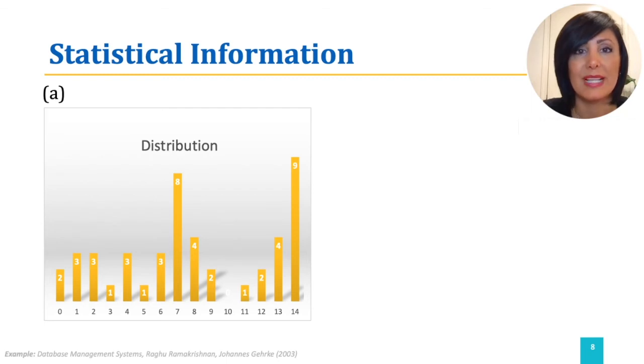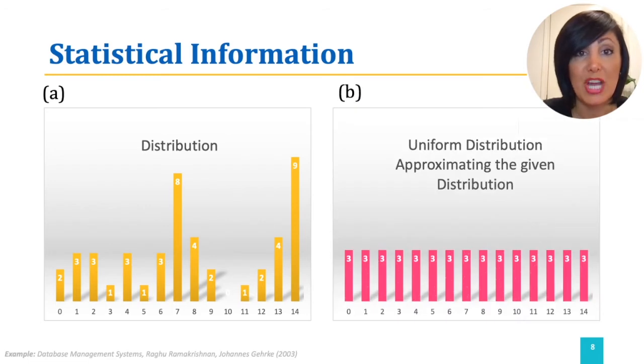So, assume instead of graph A, we have what we see in graph B, which has an approximate number 3 resulted from dividing the total number of tuples by the number of different values for this attribute. Well, this helps because it provides a number in the ballpark, but it is not very accurate. So, how can we have a more accurate approximation without the huge overhead?